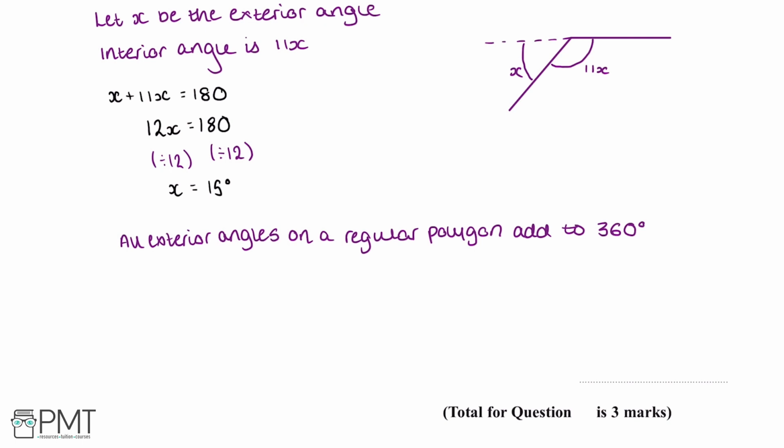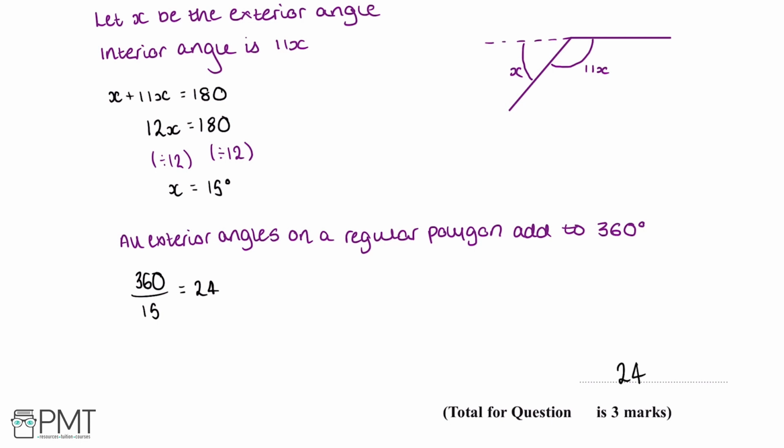And if this is the case, then if we divide 360 degrees by the size of the exterior angle, this will tell us how many vertices and therefore how many sides the polygon has. And 360 divided by 15 gives us an answer of 24. So therefore this regular polygon has 24 sides.